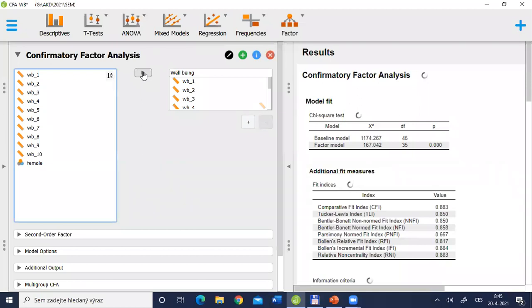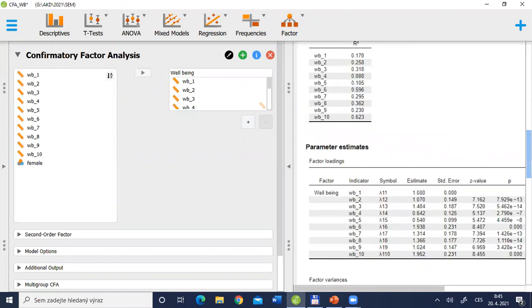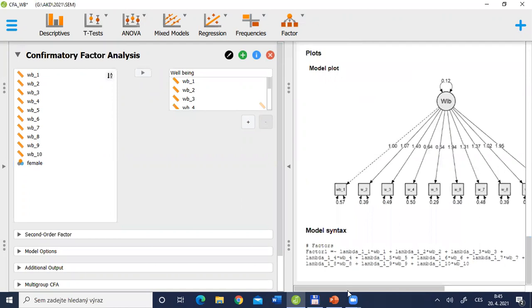So I hope you can see at least some results for your model, maybe that you can see all results. At the end, you should find the picture. So here we have the picture. Unfortunately, this picture is using parameter estimates in the unstandardized version, and there is no option here to change it.